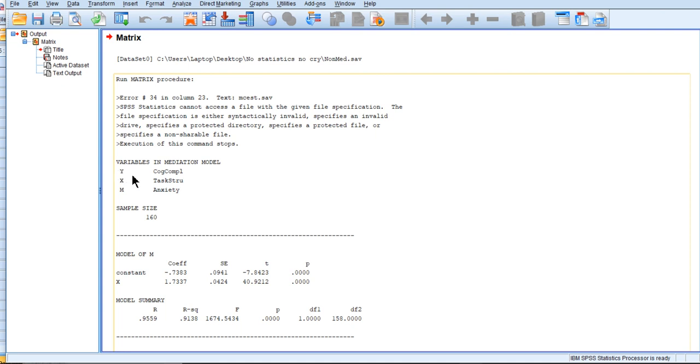So we have here the variables: dependent, independent, and mediator. We can see here that the model of M is significant. If we look at the model summary, we see that our mediation model is significant too.